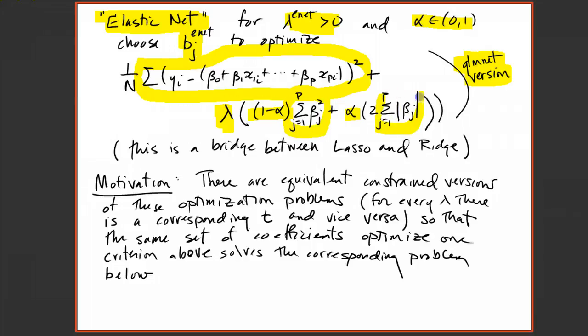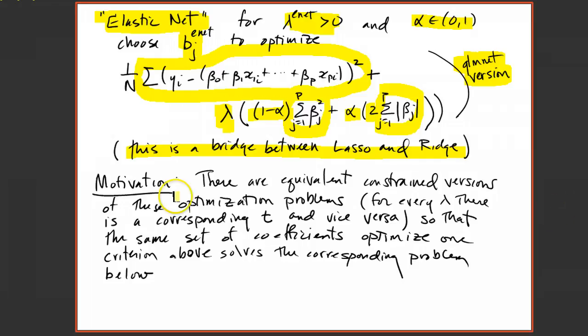Here is the sum of the absolute values of the coefficients. And for reasons that aren't clear to you at this point, it's common to put a 2 in there. This is, in some sense, a bridge between lasso and ridge. It's a compromise between lasso and ridge.